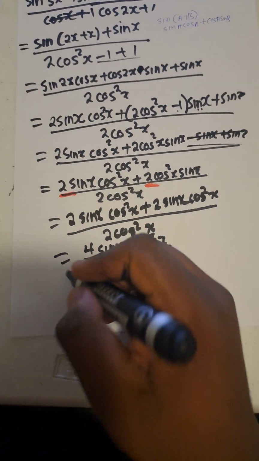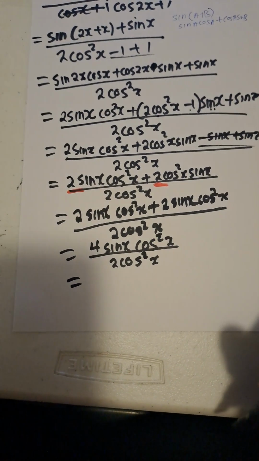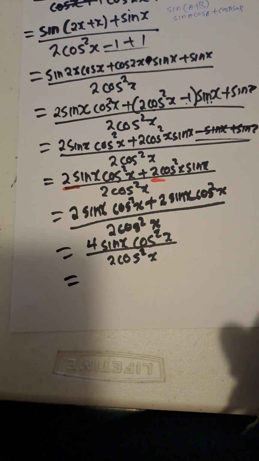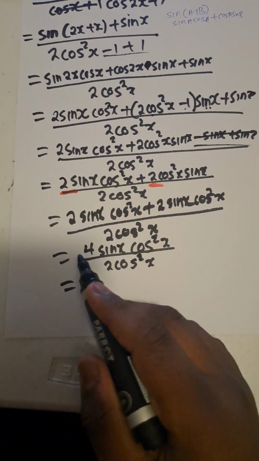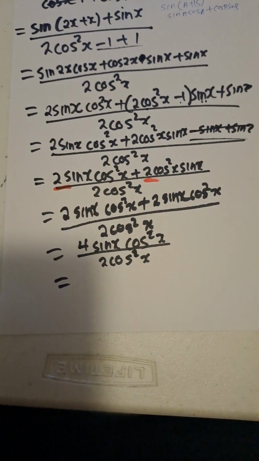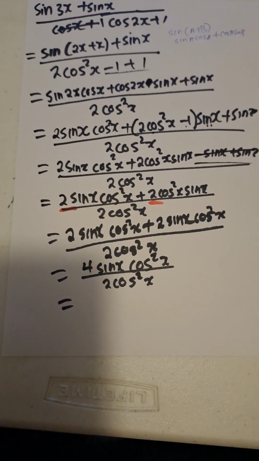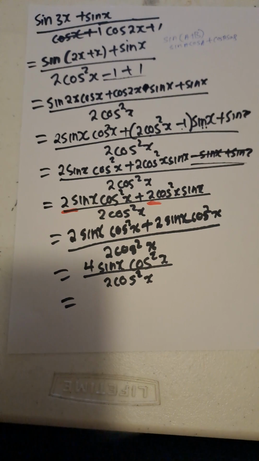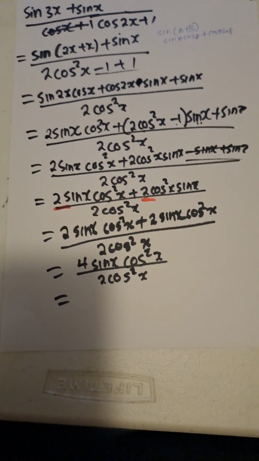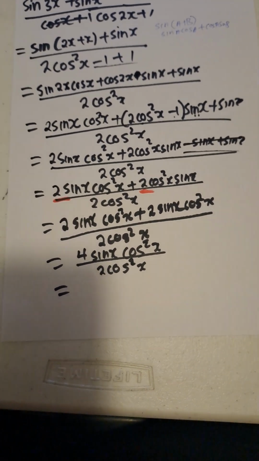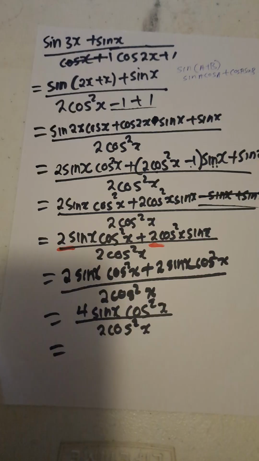So on the next step, let me try to remember this form: sine x, it is multiplied to this 4, it is multiplied to sine x cos x. Okay, so after that, allow me to write it this way. Let's go.